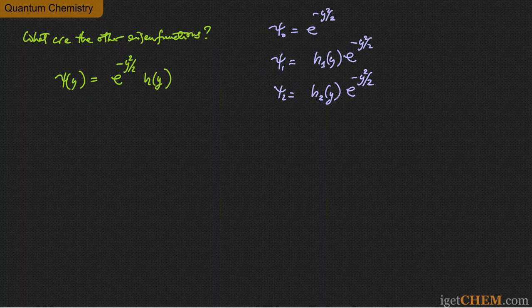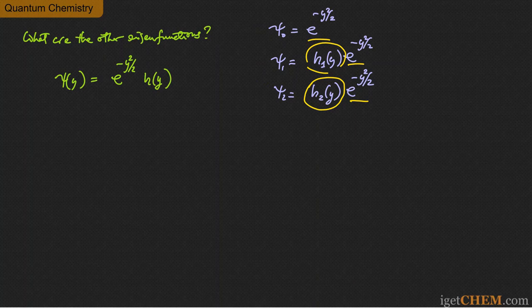So you see the Gaussian factor in each of these does not change, but the polynomial multiplying it is changing. And so we can look at functions of this type and figure out what kind of h functions are required to make these, in fact, eigenfunctions of the Schrodinger equation.